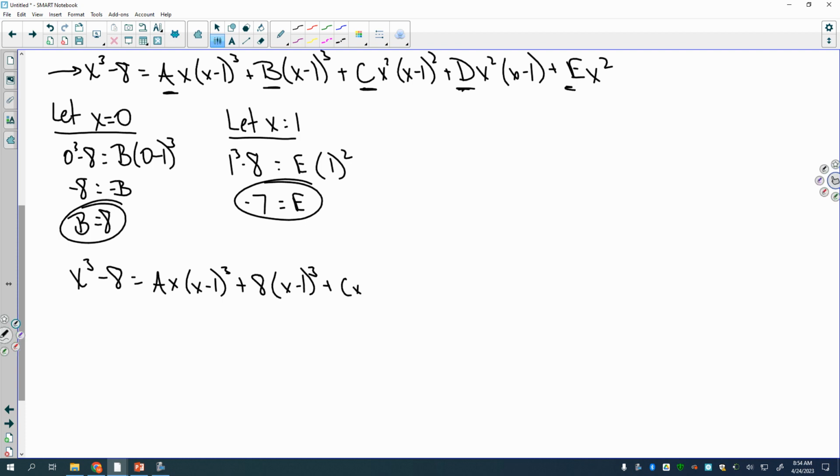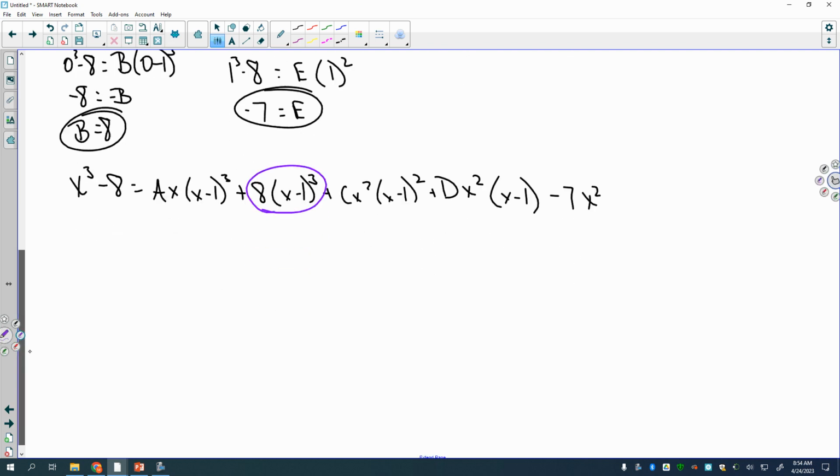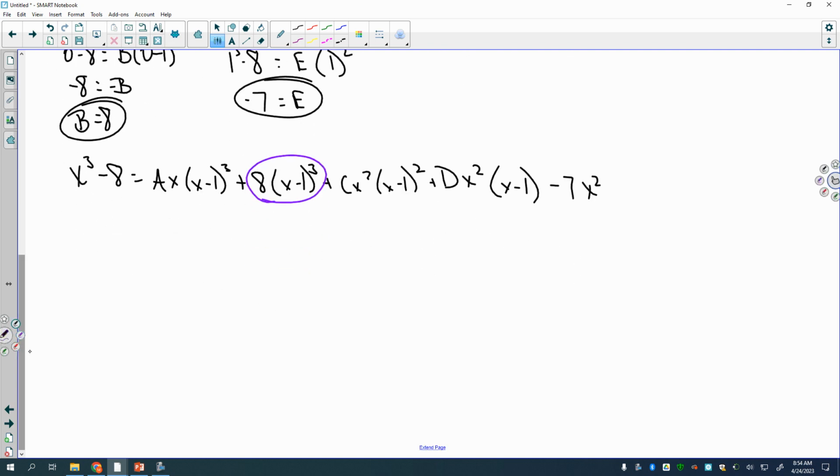And over here at the end, I'm going to have a minus 7x squared. At this point, I want to move some stuff around. So it's this term right here. I want to multiply that out. Everything else is going to stay the same for a moment.